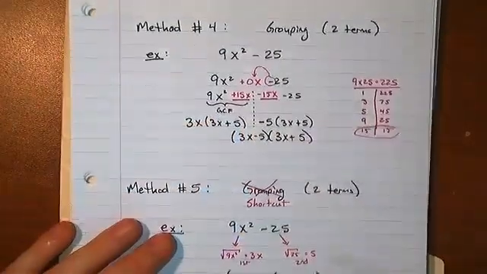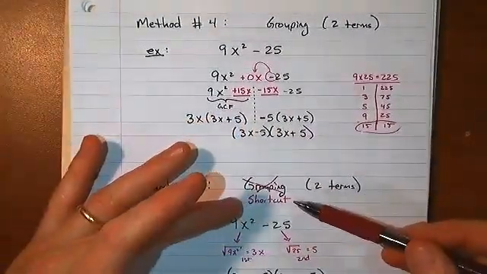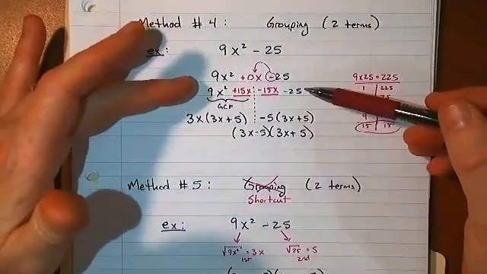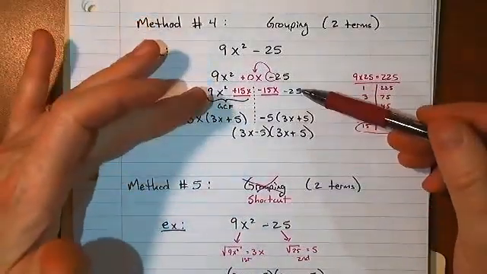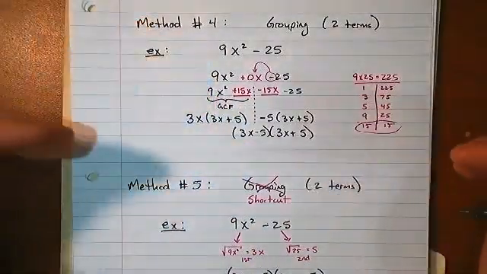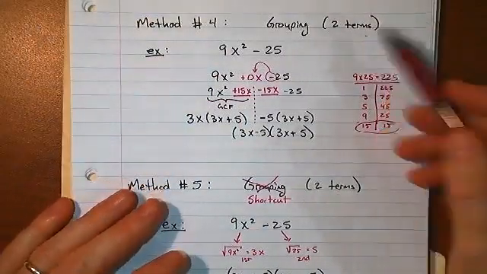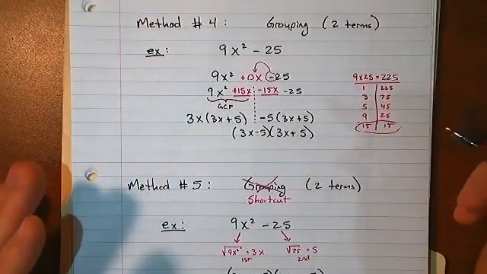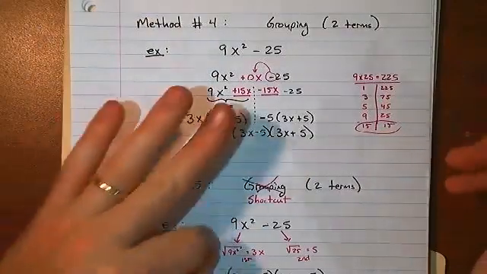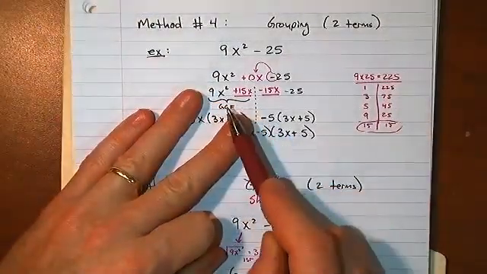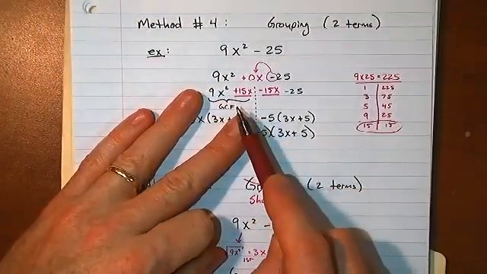So what I want you to notice right now is it doesn't matter if you use the shortcut or if you do it the long way, there's the exact same requirements, okay? So if it has 2 terms, there's 2 things that have to be true. Well, I guess maybe you could say 3 terms. First of all, it has to have 2 terms. Okay, so that's the first thing. It has to have 2 terms.